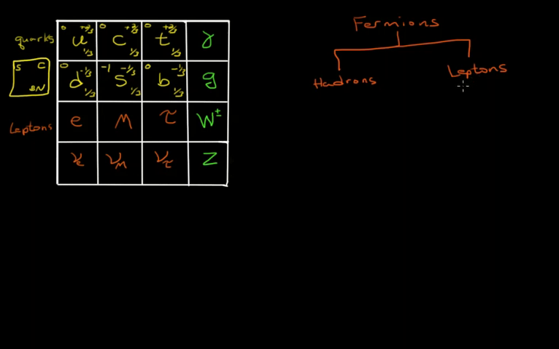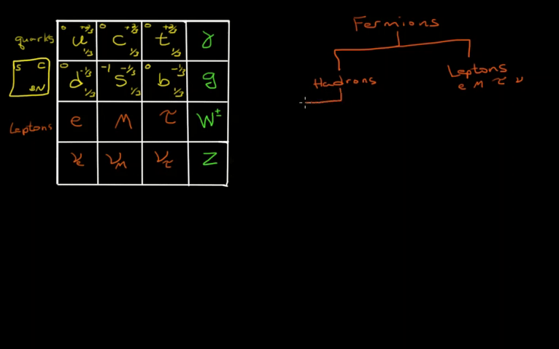Leptons are the electrons, the muons, the taus, the neutrinos, all of those, and they're the anti ones as well. So you can have an anti-lepton and a lepton. You can have a hadron and a non-hadron. Hadrons are particles made out of quarks.